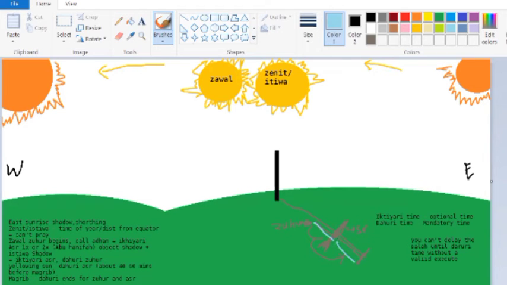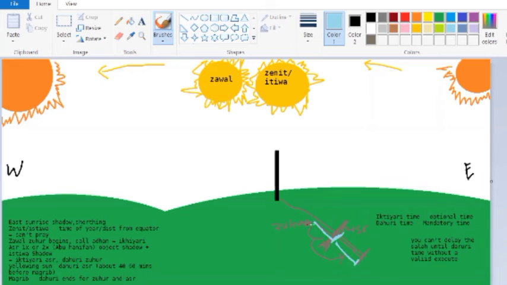Some of the ustad or ulama determine that the end of the Zuhur, or the length of the Zuhur time, is only here, and if it's double, it will be like here, and the end of Asr here.